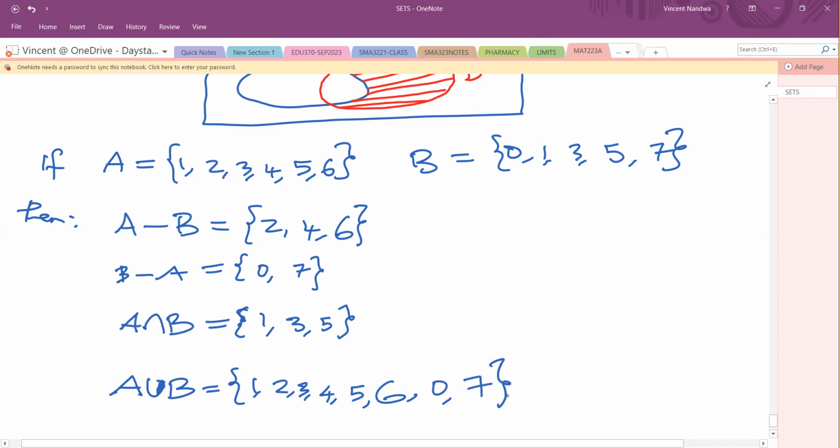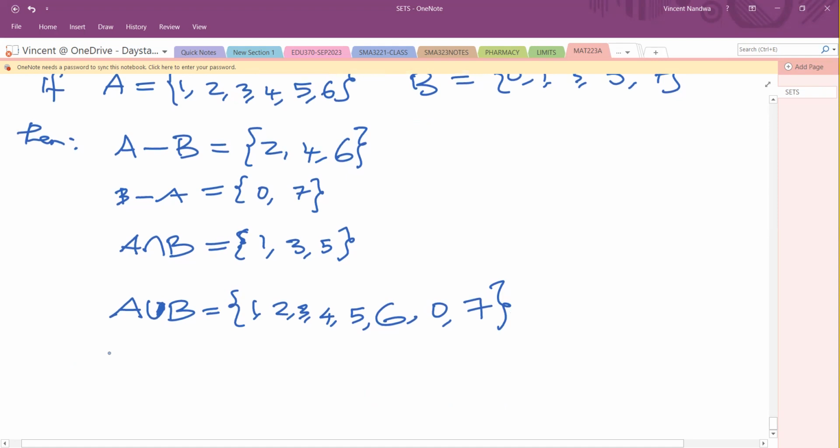Remember, order does not matter when you are putting those numbers. So A union B simply means write all the elements of A joined to the elements of B. But what you have already written, you don't repeat.